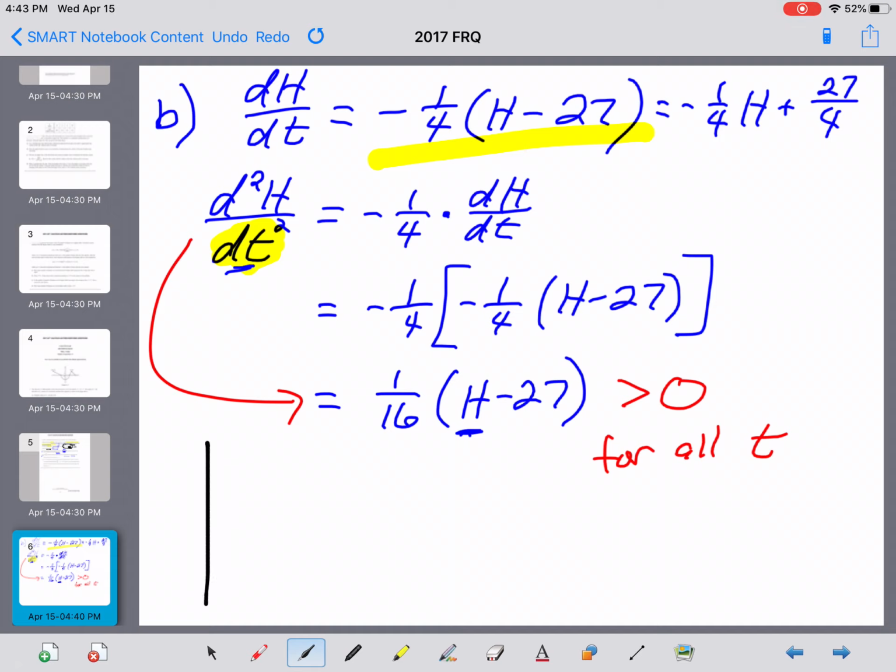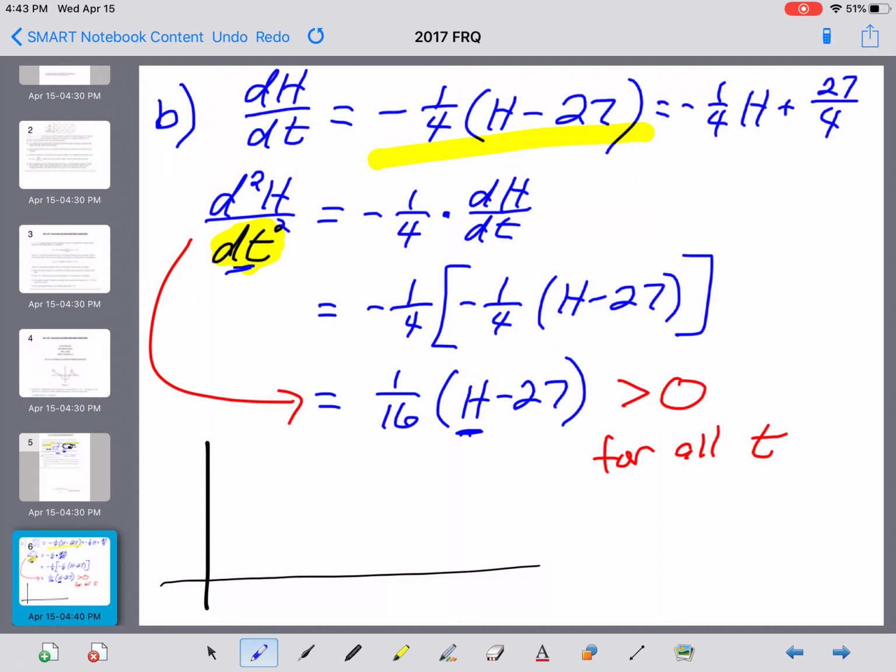So that means, everybody, that the temperature of this potato, because the first derivative is strictly negative, always has to decrease, which again makes sense. You take a hot potato out of the oven, you leave it out at room temperature, the temperature's not going to go up, it's only going to continue to fall.